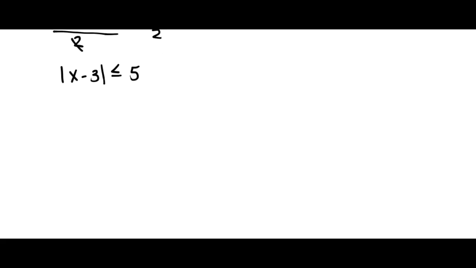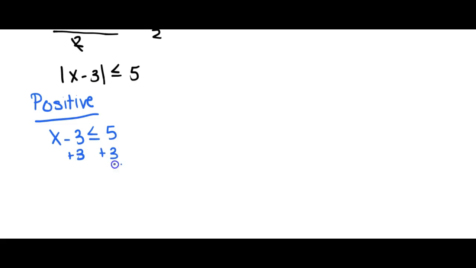Now that we have that alone, we're going to go back to that whole positive, negative. x minus 3 less than or equal to 5, adding 3 to both sides. X is less than or equal to 8.